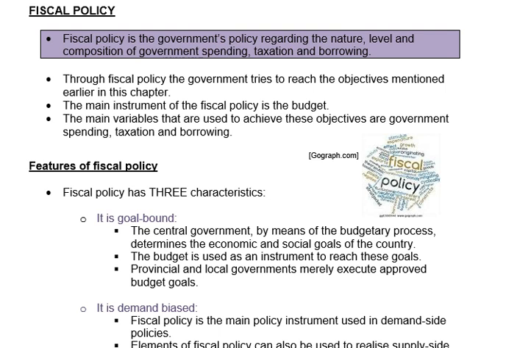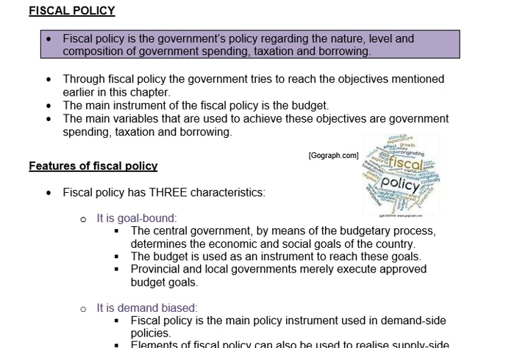Okay, now the main instrument of the fiscal policy is the budget. We did the budget lesson yesterday. Okay, it's in the budget where the government indicates to us what is going to happen in terms of taxes and where they plan on spending that tax money. All right, so the fiscal policy of the government is basically embodied in the budget. If you want to see the fiscal policy of the government, all you need to do is just look at their budget.